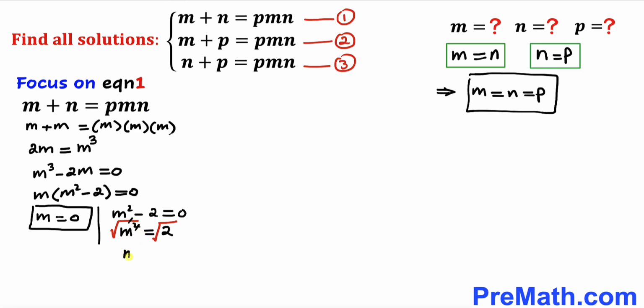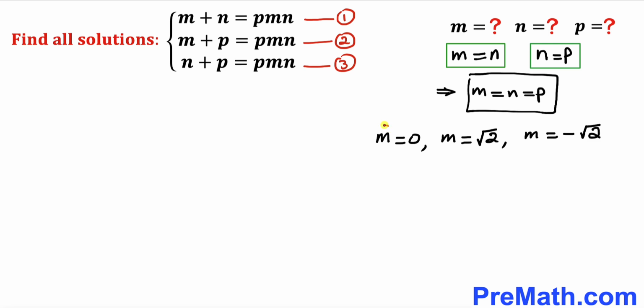So our m value turns out to be positive or negative square root of 2. So thus our values for m are: the first one is 0, the second one is positive square root of 2, and finally the third value is m equals negative square root of 2.